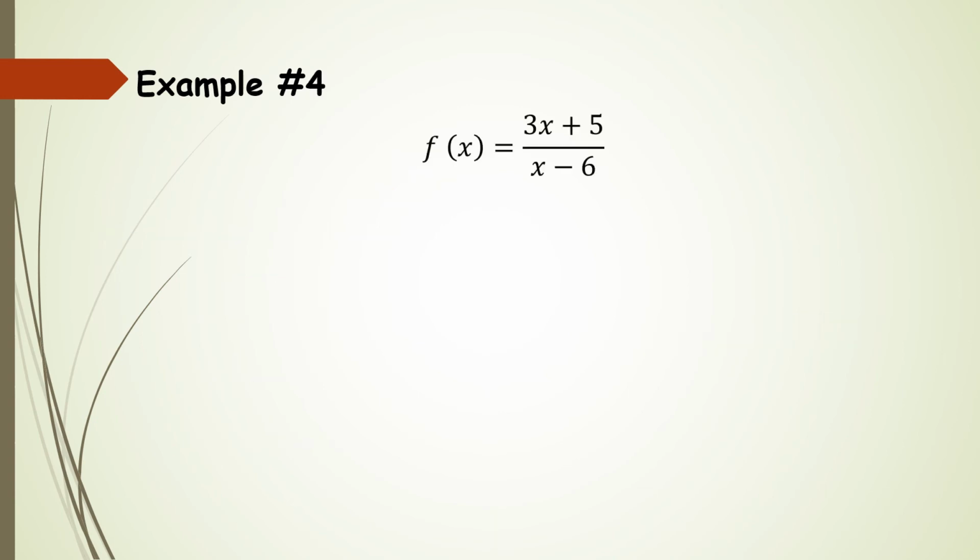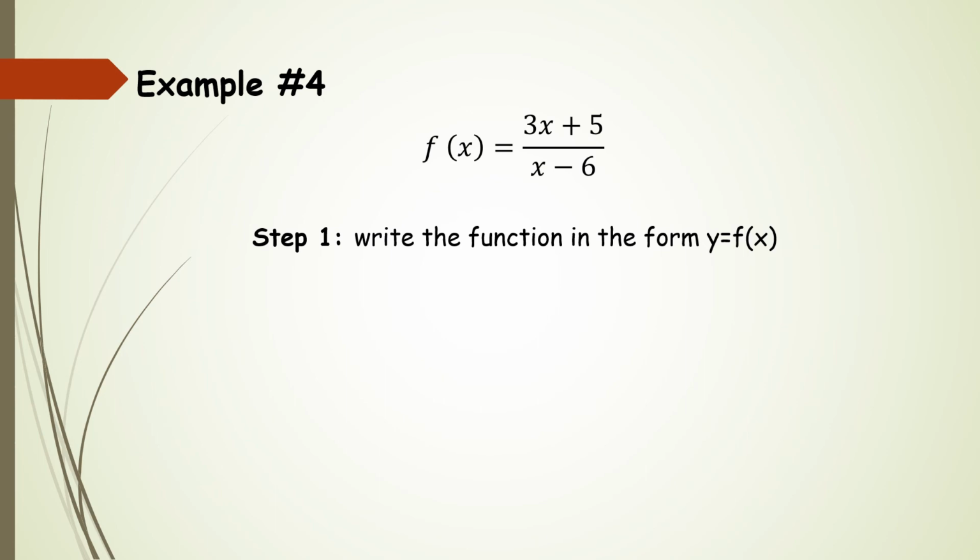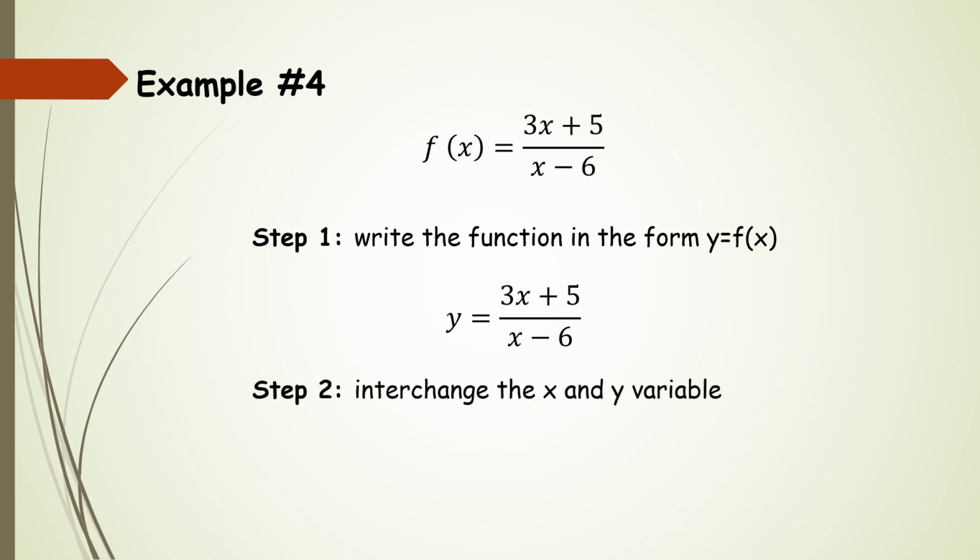Example number 4, we have f of x is equal to 3x plus 5 all over x minus 6. So step 1, write the function in the form y is equal to f of x. So we have y is equal to 3x plus 5 all over x minus 6. Step 2, interchange the x and y variable. So magkakaroon tayo ng x is equal to 3y plus 5 all over y minus 6.